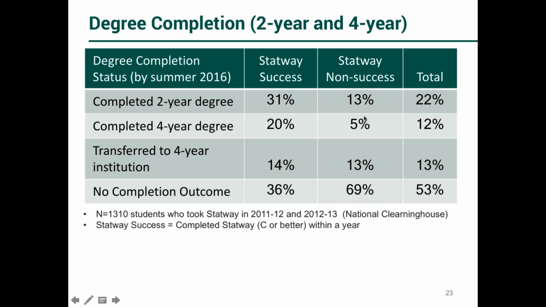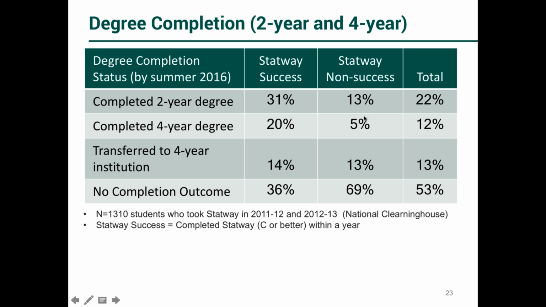Okay, and lastly, we have some early analyses of post-Statway degree completion. Now, as you know, doing an analysis of this kind requires a passage of time, and Statway was launched in 2010-11, so we've only just been able to do this. This particular analysis includes just the first two cohorts, 2011-12 and 2012-13.